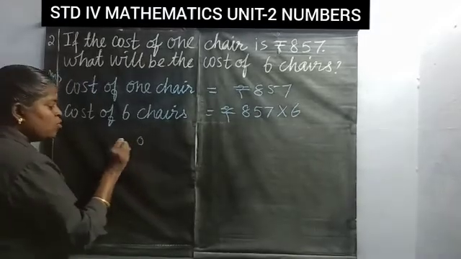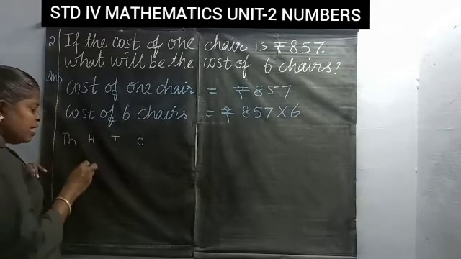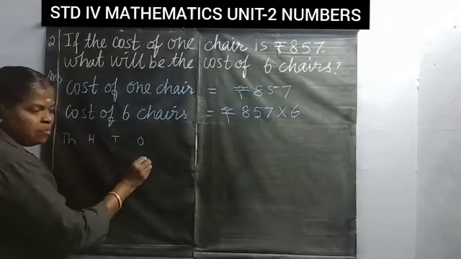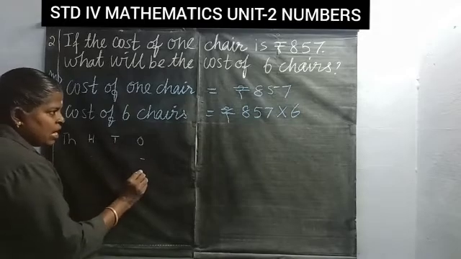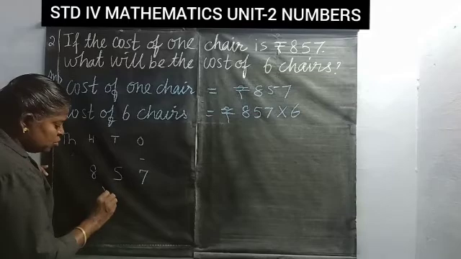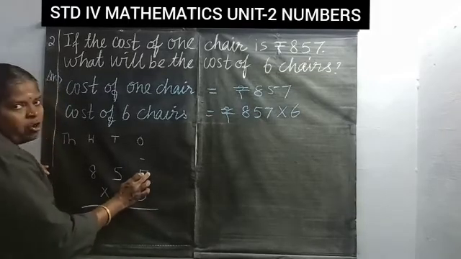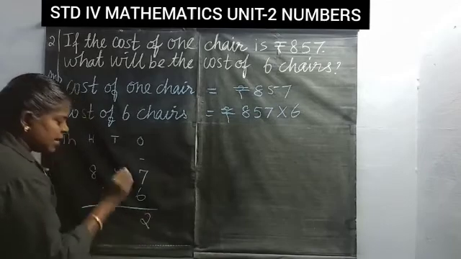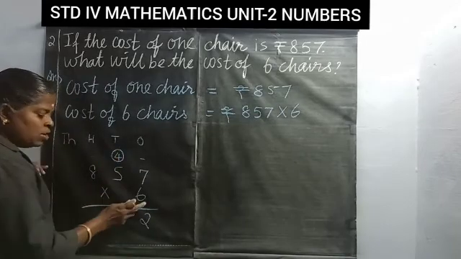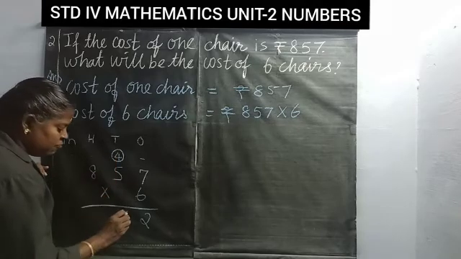First what we have to do? Ones, tens, hundreds, thousands. Then leave 1 finger gap. Then write 857 into 6. 6 sevens are 42. 2 we write, carry over 4. 6 5s are 30. 30 plus 4, 34.